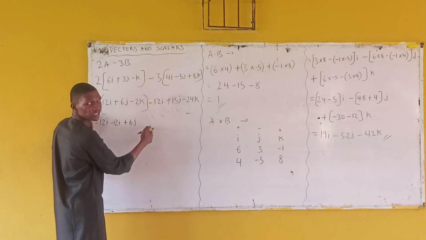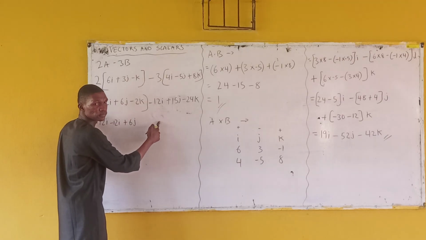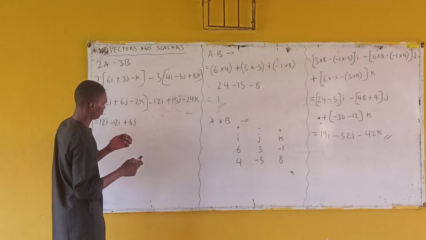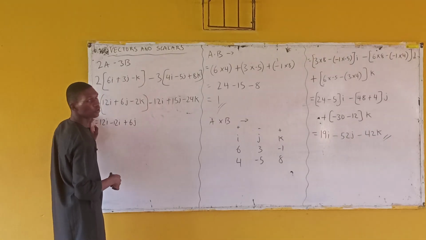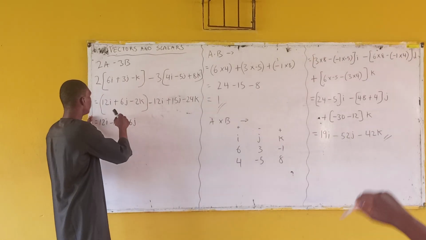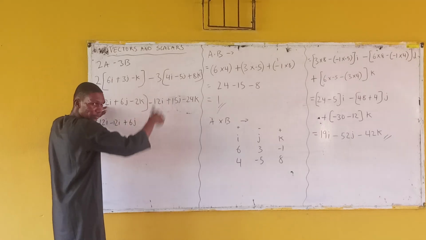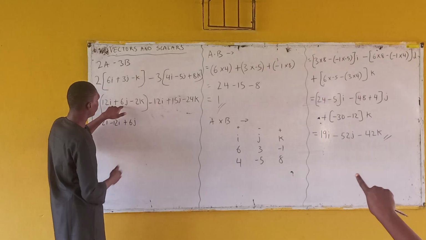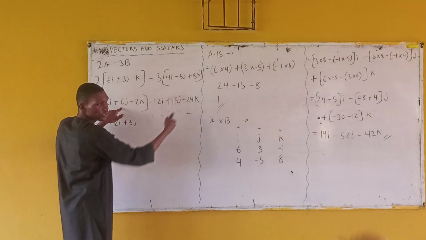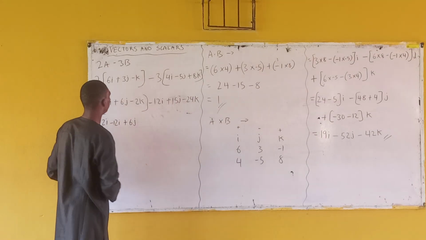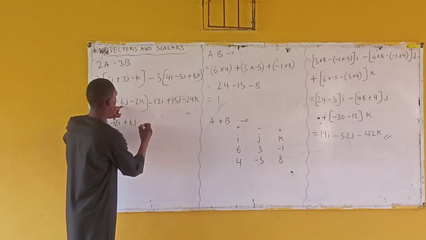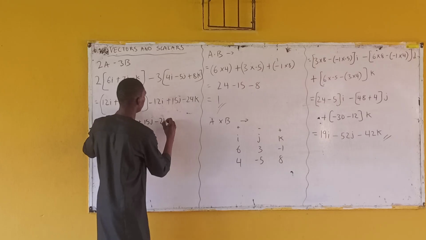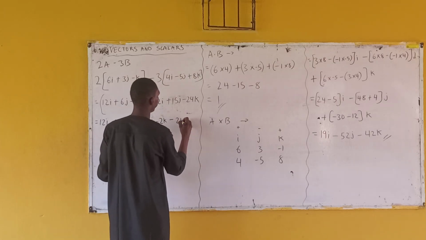You are collecting like terms. Then minus 2k minus 24k.